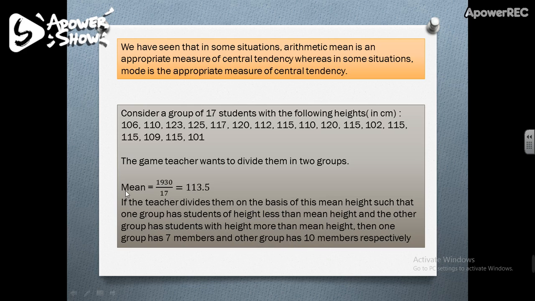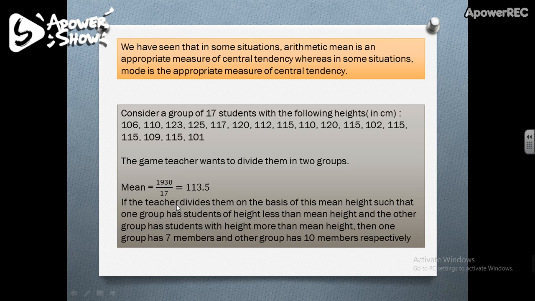So by using the mean as a criterion, it is not possible to divide the students into two equal groups. Here our mean is not a correct representative value for this set of observations.